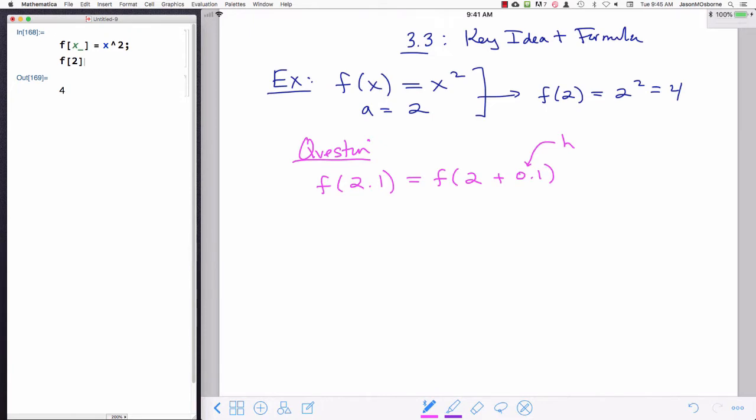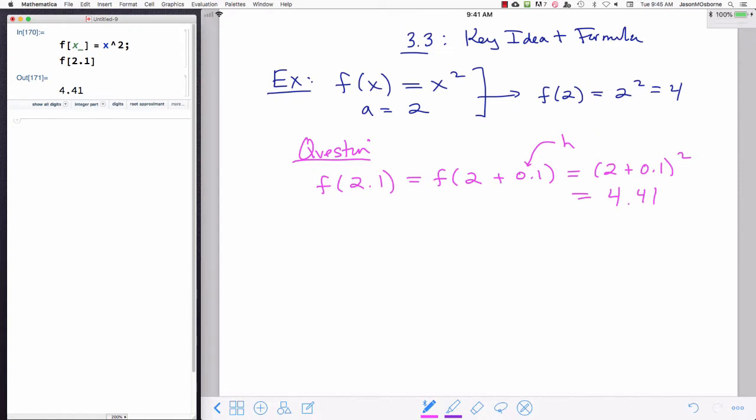Okay? The flip answer is to just say we'll plug 2.1 into the calculator, and you get 4.41. Okay, so you get 2 plus 0.1, and then you'd square it, and that would lead you to 4.41. Okay, so if you have a calculator, do that.